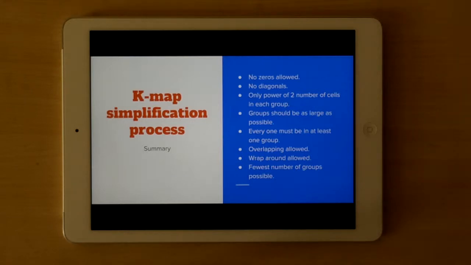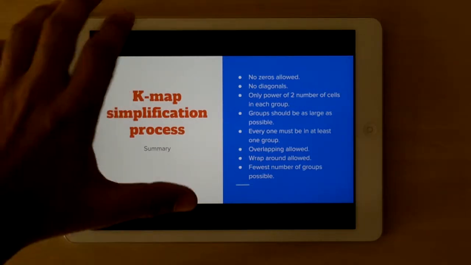There can be no odd number of cells grouped, and even if it's even, it should be a power of 2. Every one must be in at least one group. There must be a group for each minterm or maxterm. Overlapping is allowed, wrapping is allowed, and the fewest number of groups possible are to be made. So we have to cover the maximum number of minterms or maxterms in the fewest number of groups.